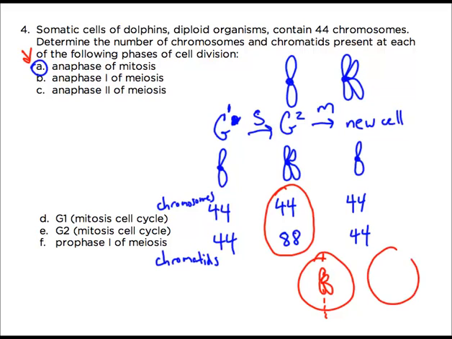Now think about what starts to happen in anaphase. Now the two sister chromatids are being pulled apart from one another. But the important thing is they have separated.